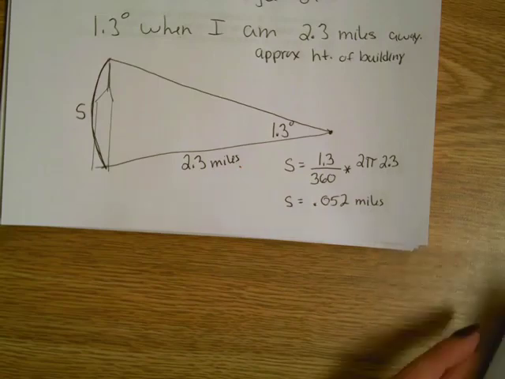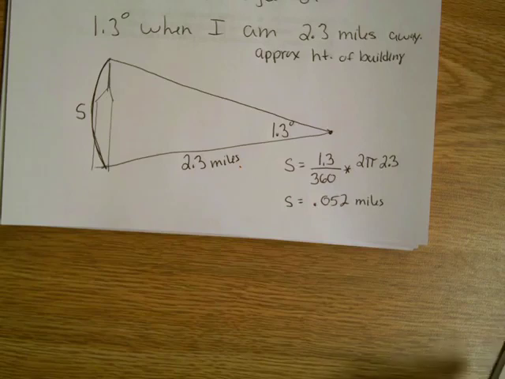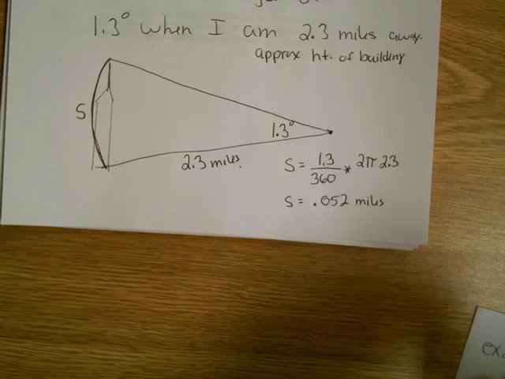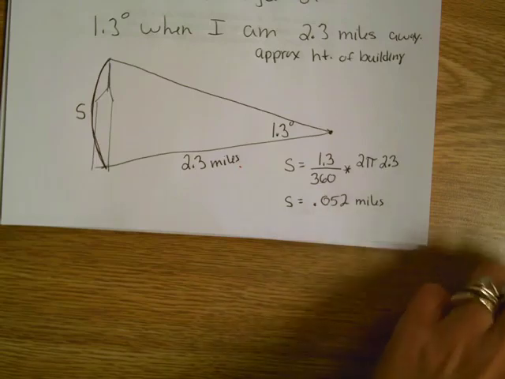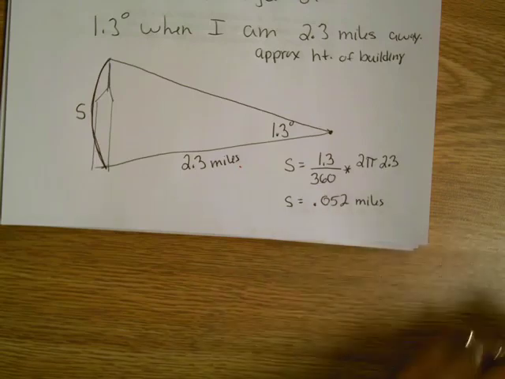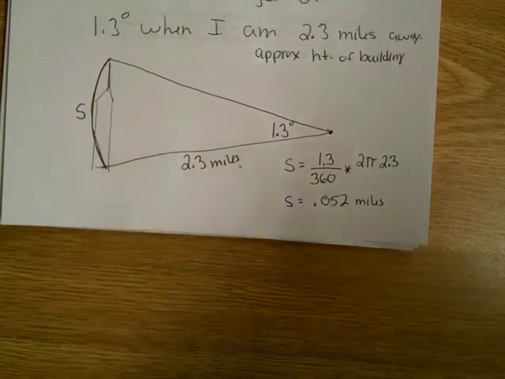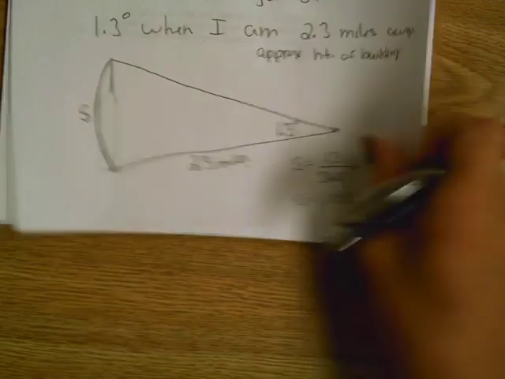Okay, let's try one more of those subtends an angle, see if you can draw the picture. It's drawing the picture. Get to it. There it is. Okay, number 2.